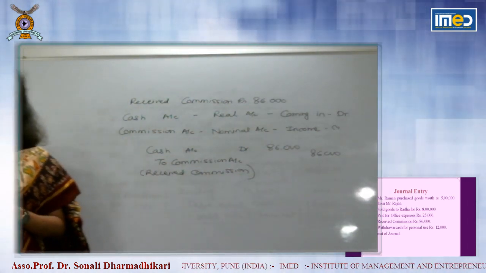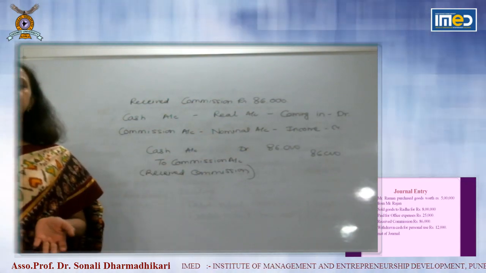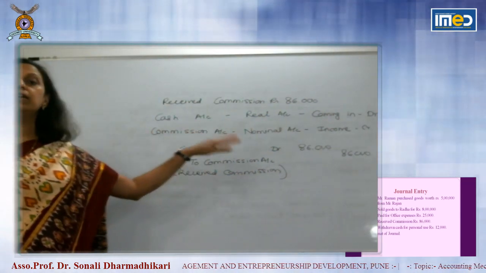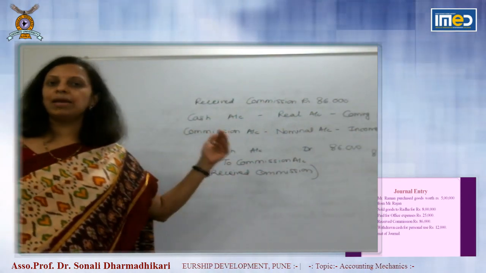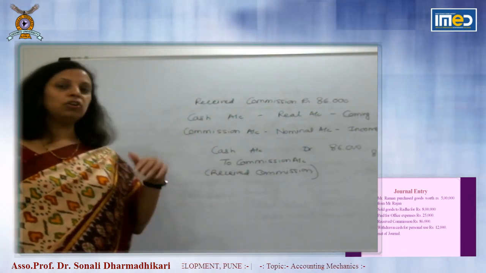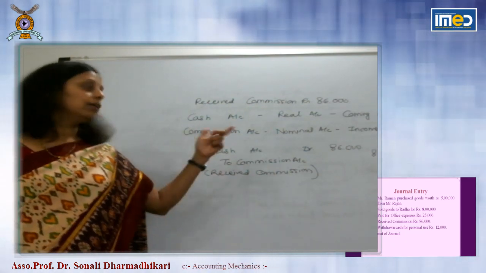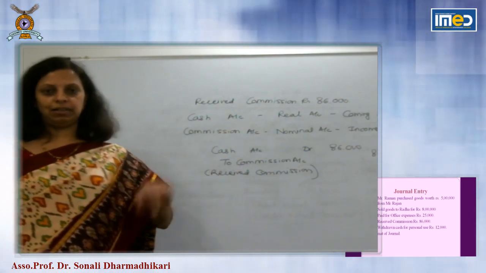Now here we have seen how the business has received commission. Any type of income the business receives, the same entry is there. Cash account to that income account. Interest received, rent received, same type. Now, instead of cash, if the business receives through check, the difference will be instead of cash account, there will be bank account.